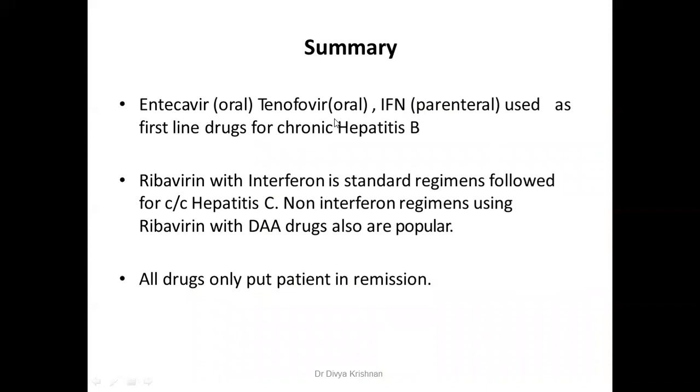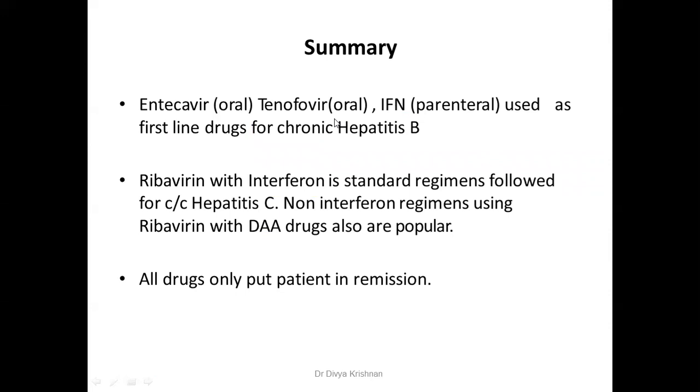The other drugs can be lamivudine and the rest, which can be used as additional drugs. And then for hepatitis C, we can have ribavirin and interferon, and the combination of ribavirin with directly acting anti-HCV drugs is also popular.